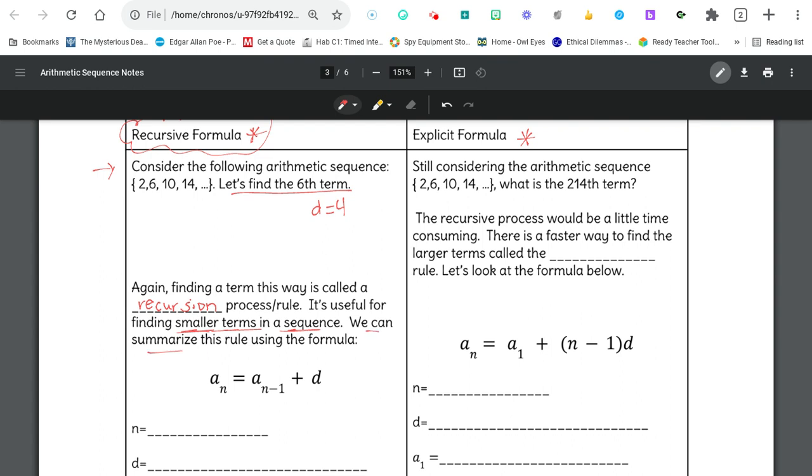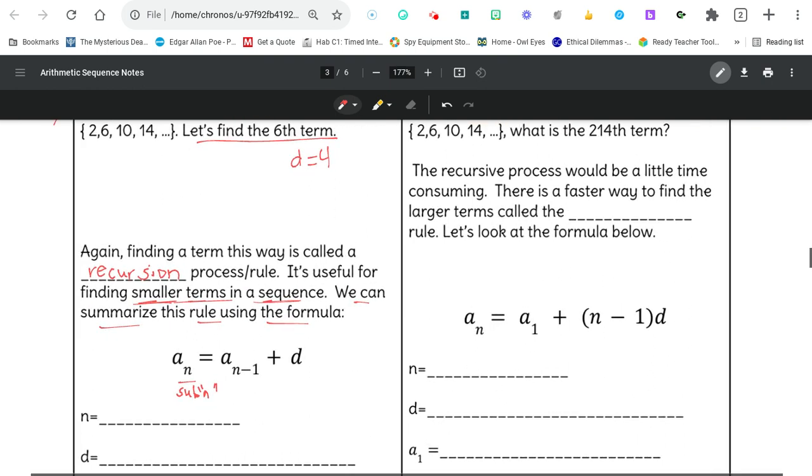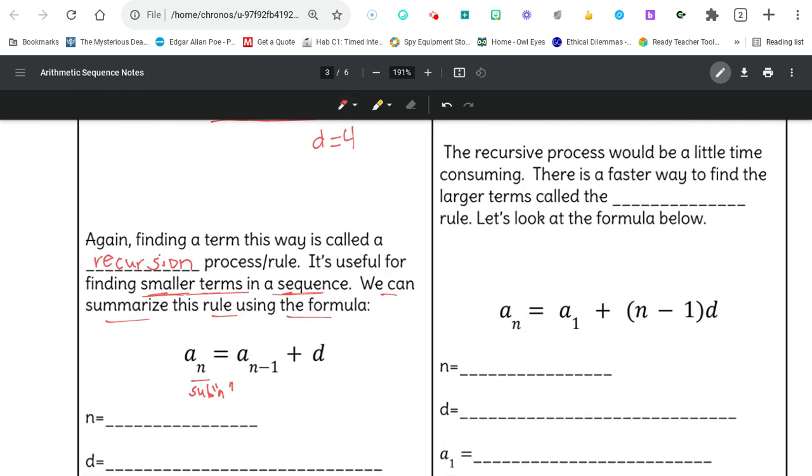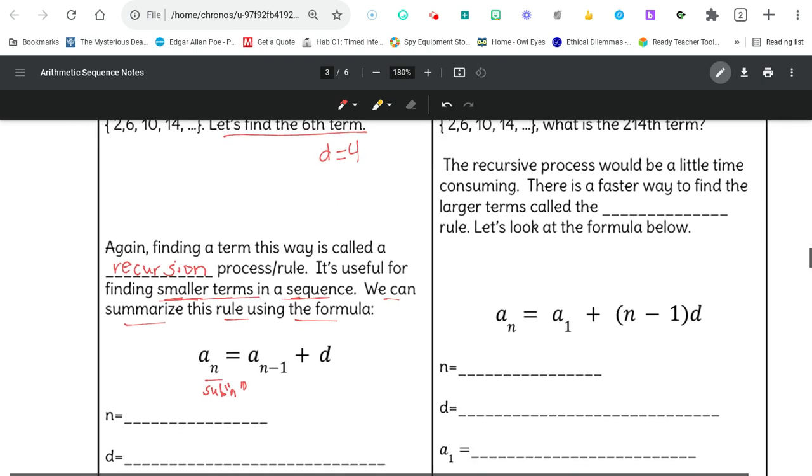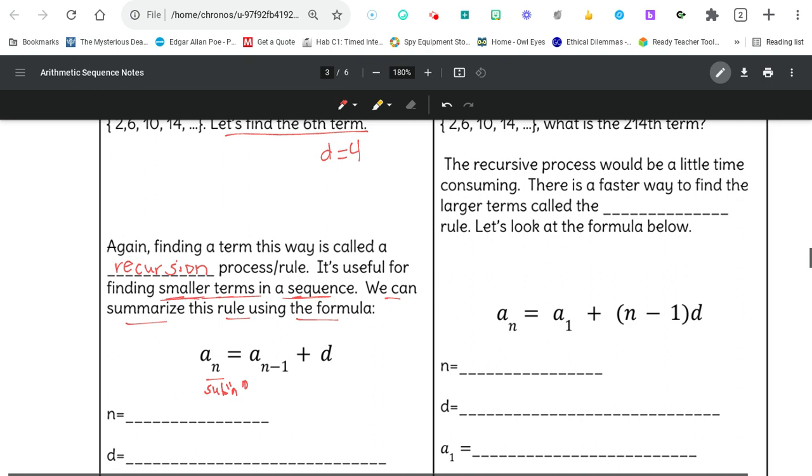And we can summarize this rule using the formula a sub n equals a sub n minus 1 plus d. We all know that d represents the common difference.